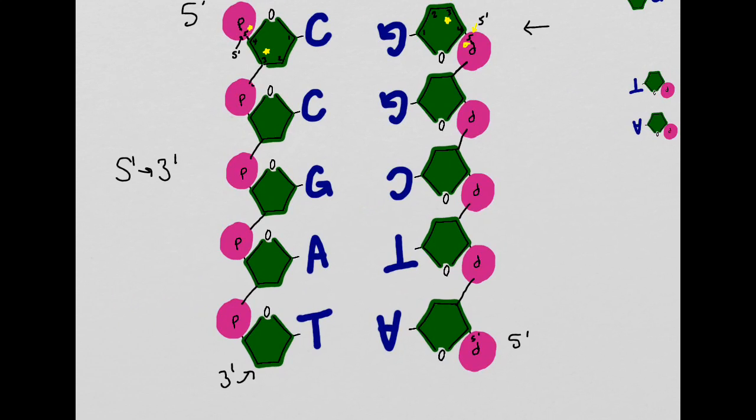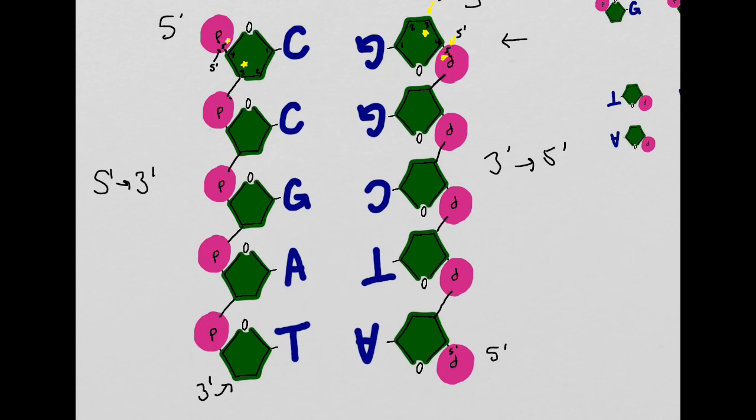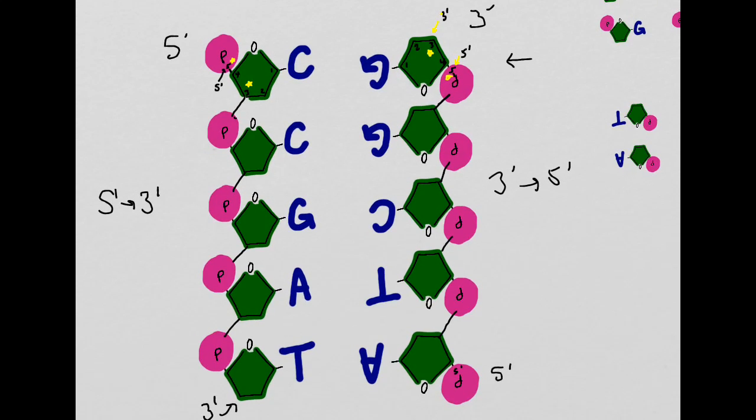So we say that this side is 3 prime to 5 prime. Now remember, with these 5 prime to 3 prime and 3 prime to 5 prime, I'm using up and down as my orientation because that's how I drew my picture. But you have to look at the strand however the artist drew it and be able to determine which is the 5 prime to 3 prime and which is the 3 prime to 5 prime.